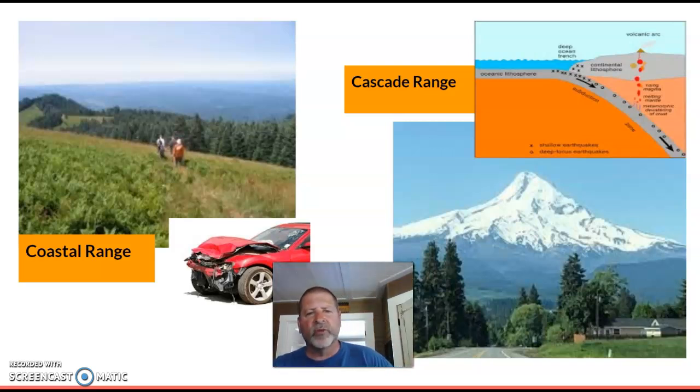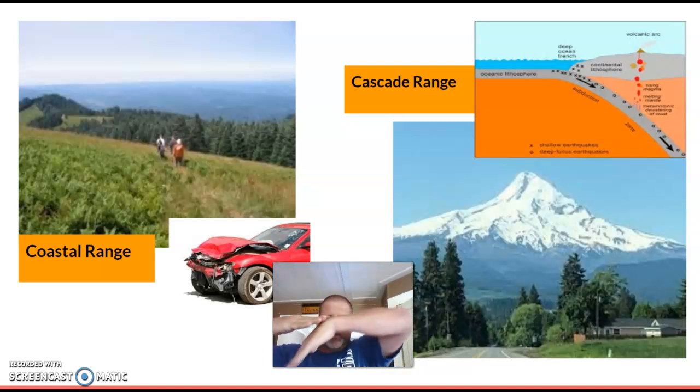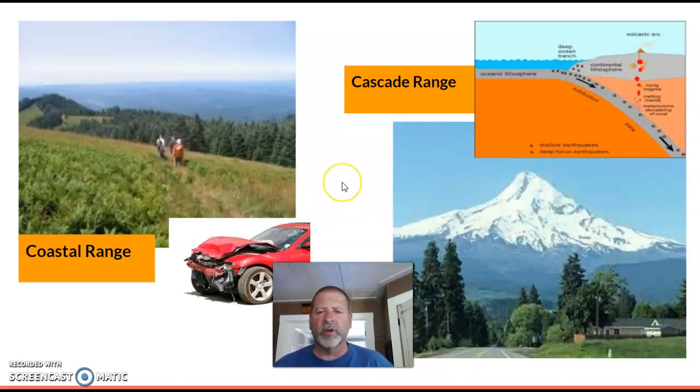It's just from that Juan de Fuca smashing into the North American plate that causes that mountain range. And then as it gets forced under and comes back up, all that lava causes our Cascade Range. So our Cascade Range has much bigger peaks than the coastal range, but is caused by the same plate relationship.